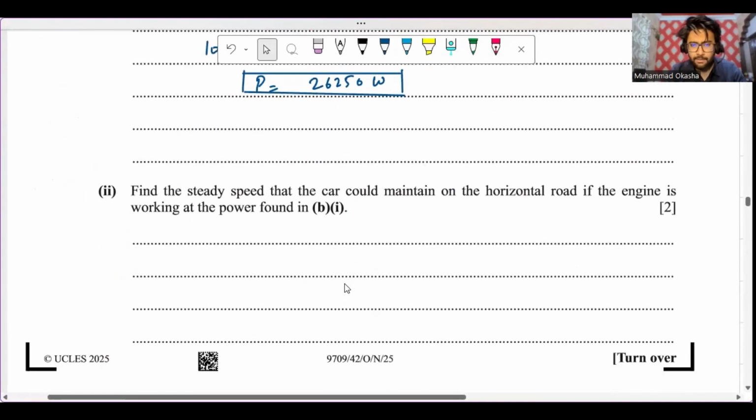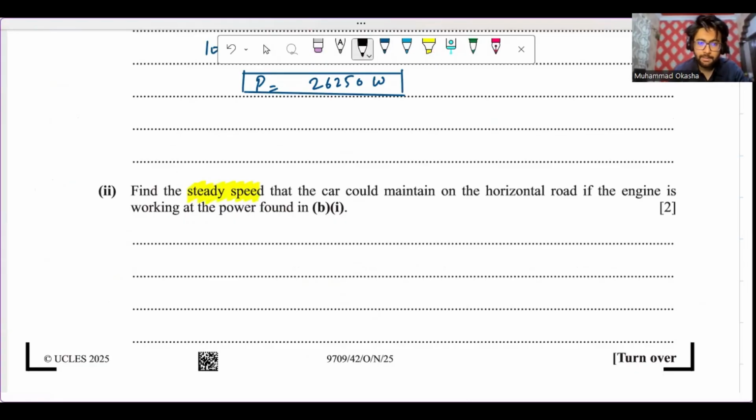Find the steady speed that the car could maintain. When we say steady speed, it means the speed is neither increasing nor decreasing, so speed is constant. If the speed is constant, the acceleration is zero. When the acceleration is zero, net force is equal to zero. So we concluded so many things just by looking at the phrase steady speed.